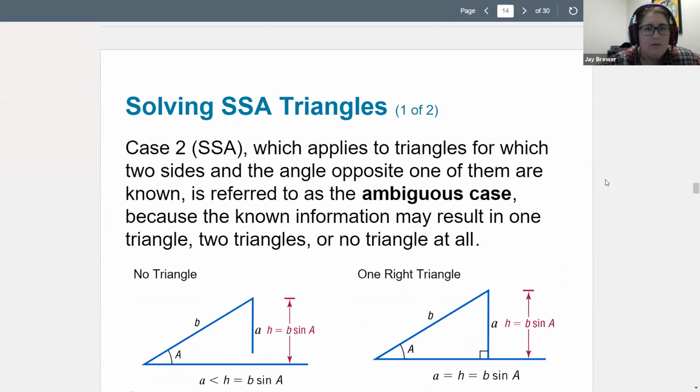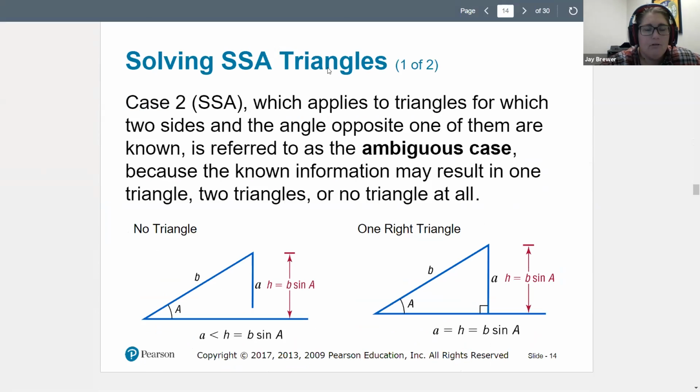And here's where we're talking about case number 2, which is considered the ambiguous case. The reason is that you can have one triangle that is a right triangle, one triangle that isn't a right triangle, two triangles in one, or no triangle at all.